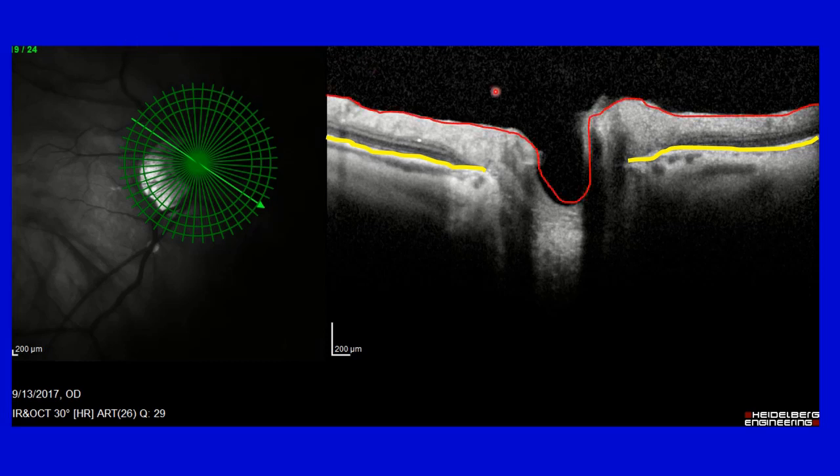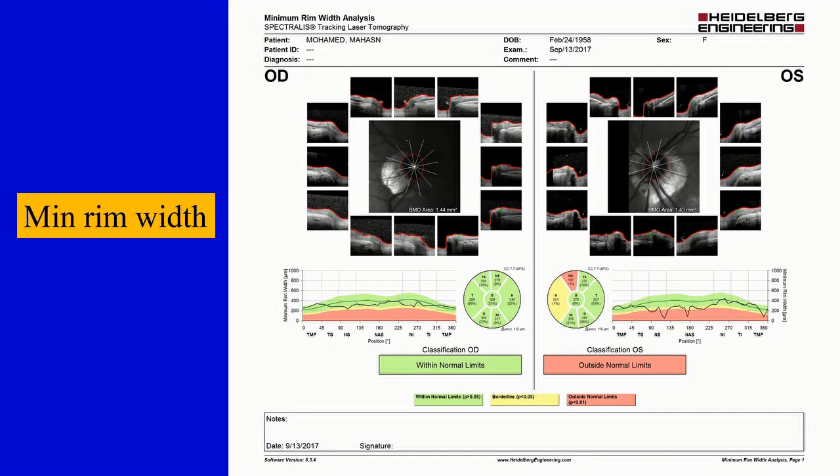Internal limiting membrane, and minimal distance between Bruch's membrane and internal limiting membrane. Then you have the thickness of the neural tissue and the different layers for one eye, for the other eye, compared with the normative data, and the values are written here, and if they are outside the normal, then it is shown in red.